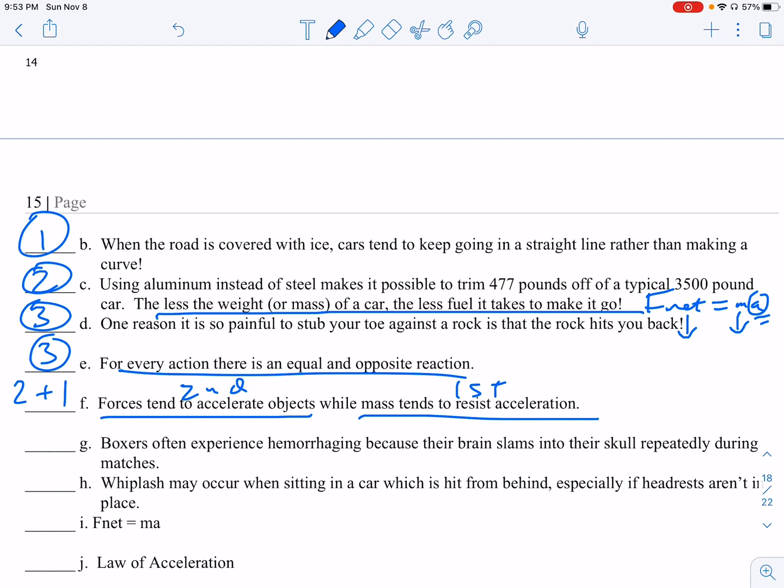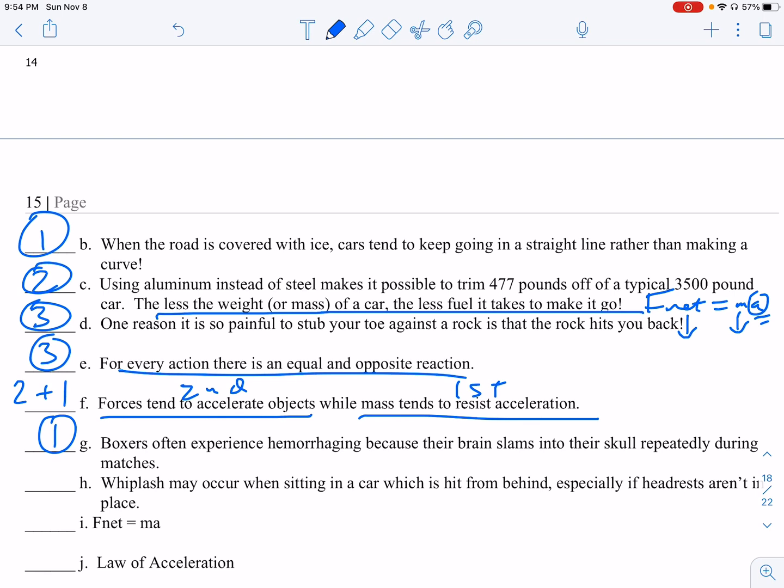So that really is the law of inertia, first law. Your brain tends to stay at rest unless acted upon by a net force. Well, it's kind of loose in your head, so as you push the head forward, it smushes up. It can be separated and smush up against the front of your skull, causing concussion.